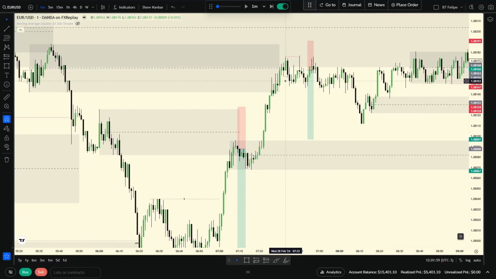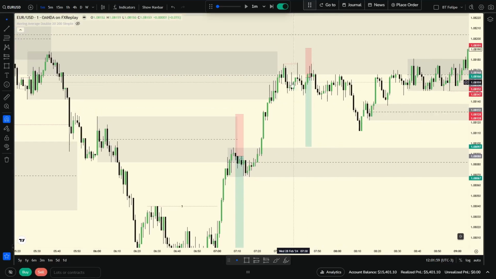This was also fine, I think, because manipulation. Maybe it wasn't fine because there was no POI tapped here. It was only a manipulation, like the bigger POI, 50% was already mitigated.